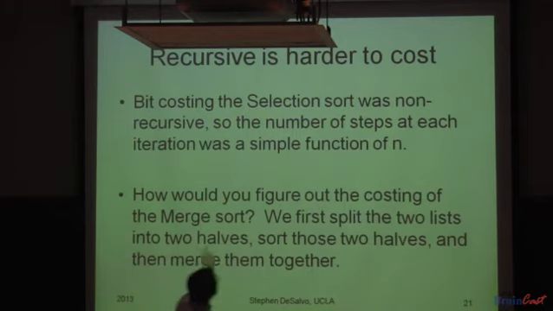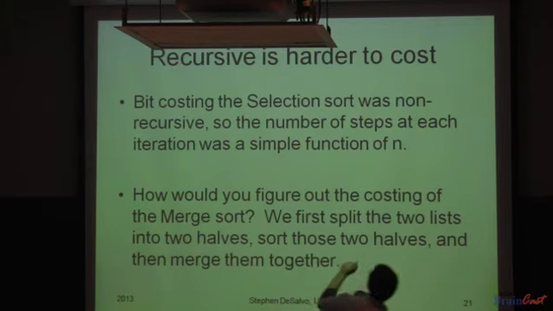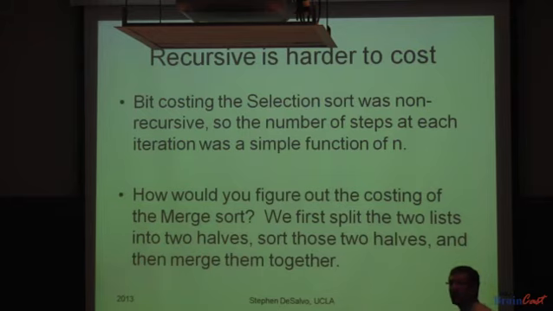Costing the selection sort was non-recursive. In other words, the number of steps to take after you put in the fourth number into place was just an explicit number. But to sort n elements, you need to know the cost to sort half as many elements. So the costing itself is recursive.